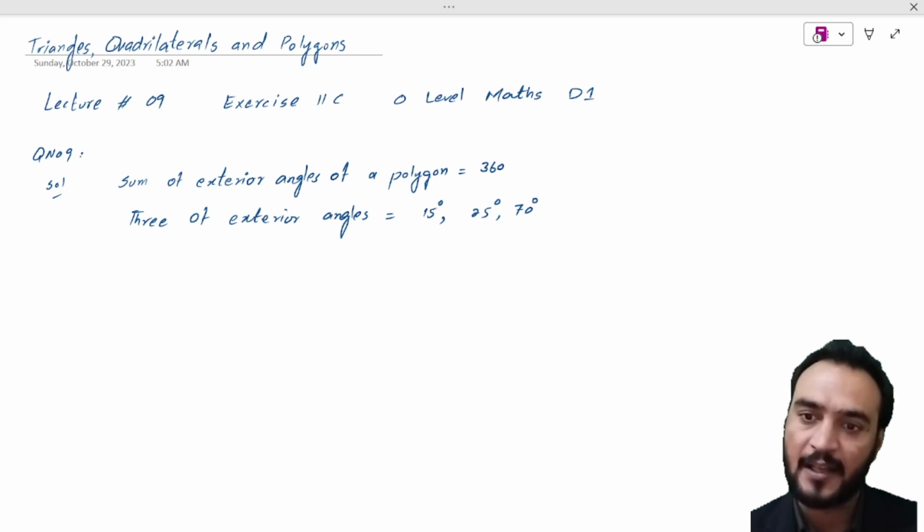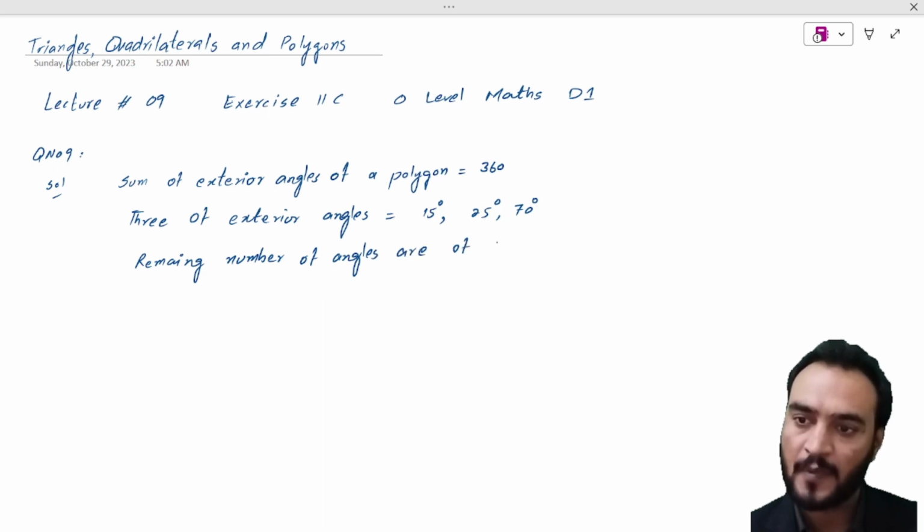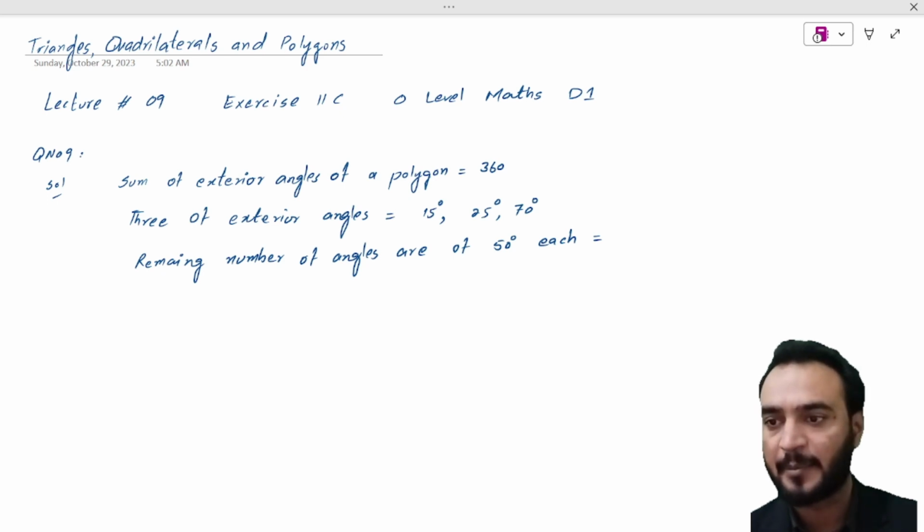These are three angles, and the remaining angles are 50 degrees each. The remaining number of angles is n minus 3.